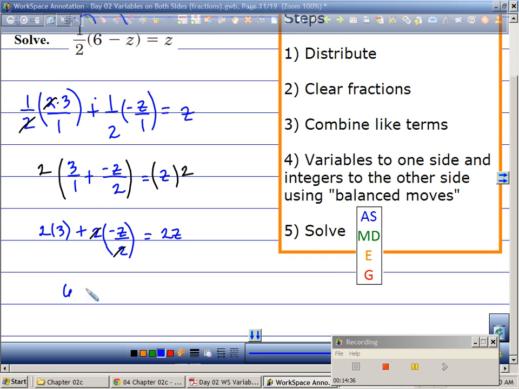And I'm left with 6 plus negative z. That's what that is, right? 6 and negative z equals 2z. Which side should have the z's? The left or the right side? The right side should have the z's. The left side should have the numbers. How do I get the z's on this side? Add z to both sides.